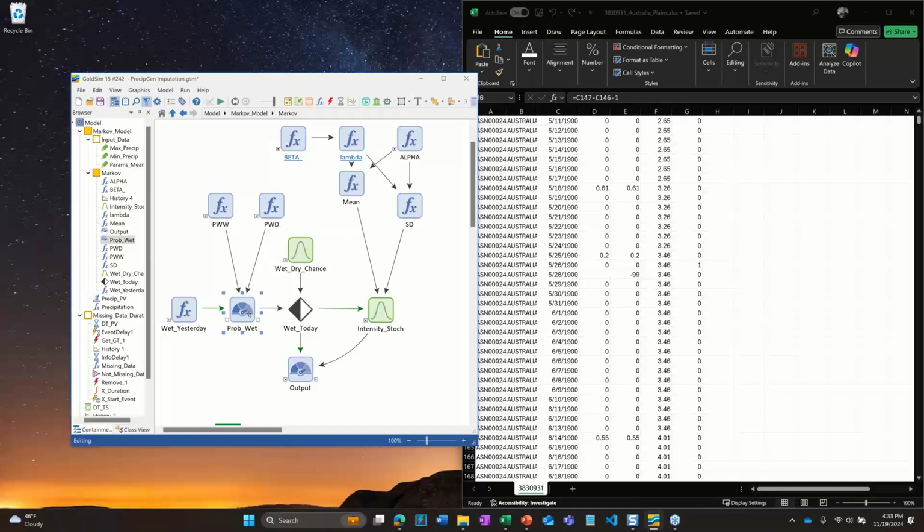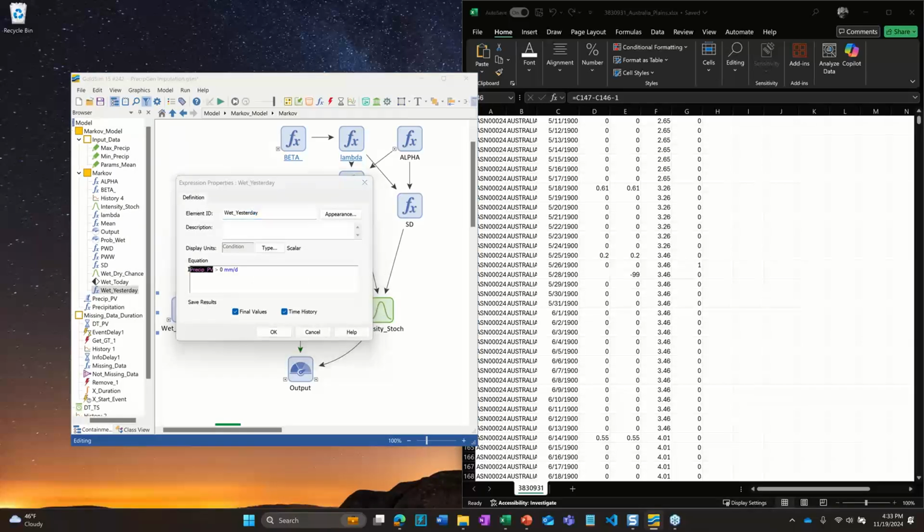But regardless, what we do now is we say, actually, we have a time series record that we're going off of, and we just look at the previous time series value. And if that one is non-zero, or above zero, that means it was wet. So we can come over here and look at the previous day from the time series record and see if it was a wet day.